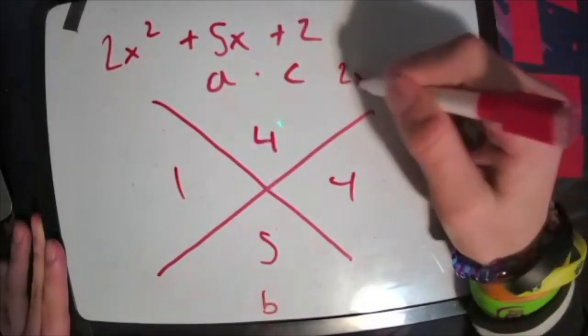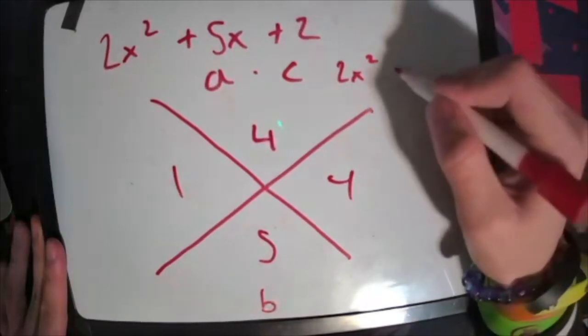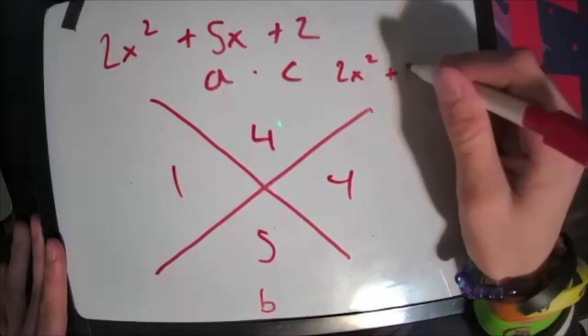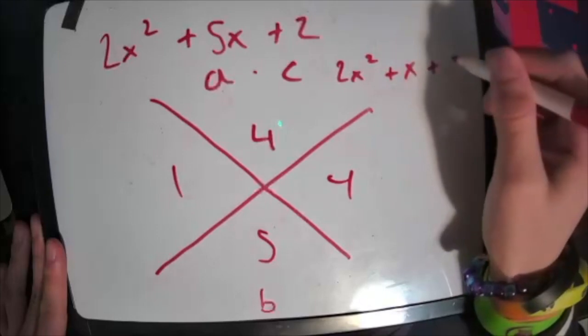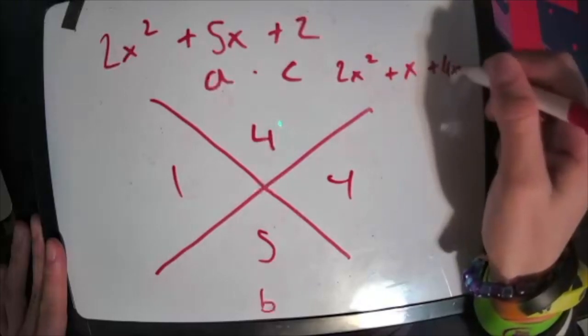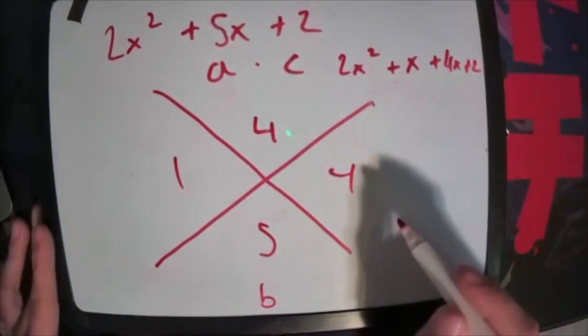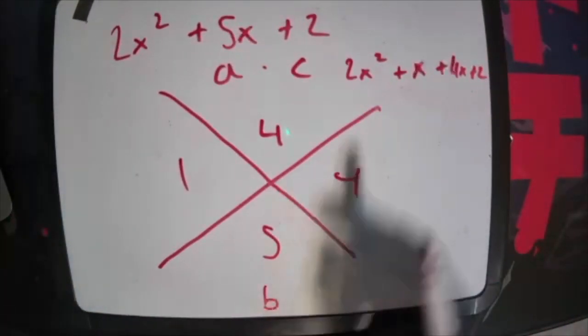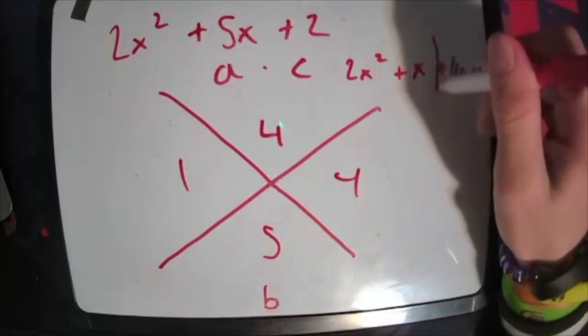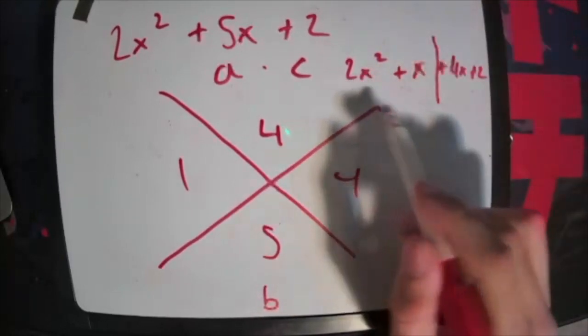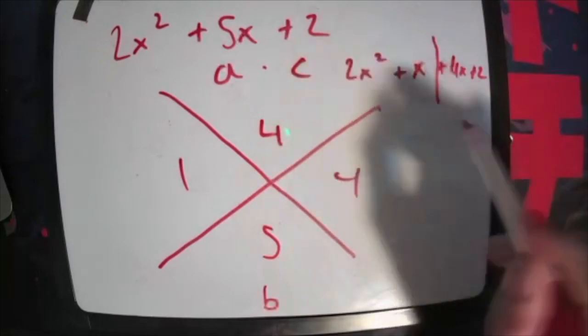So here we go: 2x squared plus x plus 4x plus 2. And here we have to use the grouping technique. Basically, you split this in half and you take the greatest common factor of both sides.